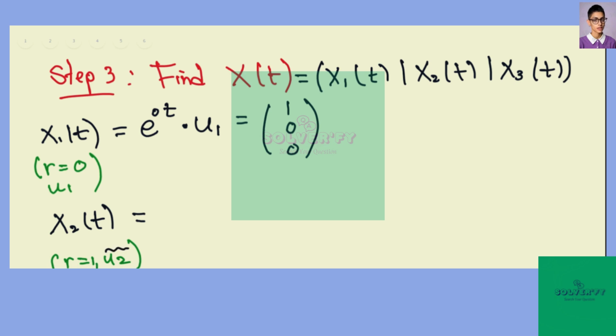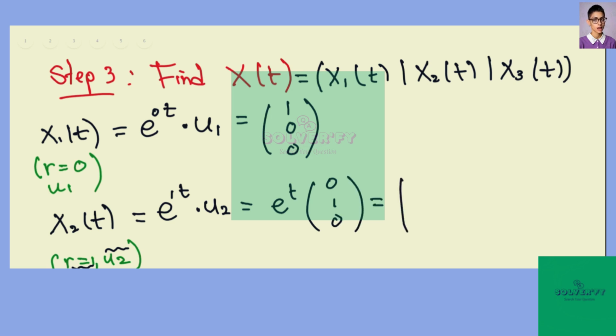So this will be e to the power 1t times u2, which is e^t times the vector 0, 1, 0, so it's the vector 0, e^t, 0.